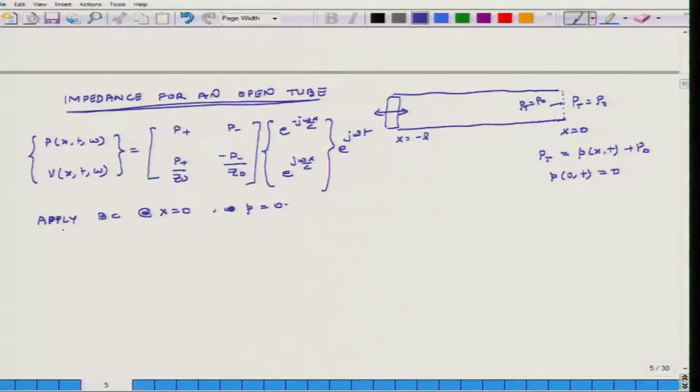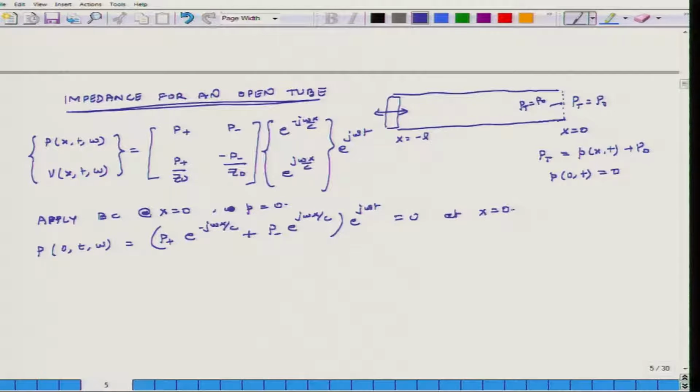So, we take the first equation: complex pressure is equal to P plus e to the minus j omega x over c plus P minus e to the j omega x over c, times e to the j omega t, is equal to 0 at x equal to 0.